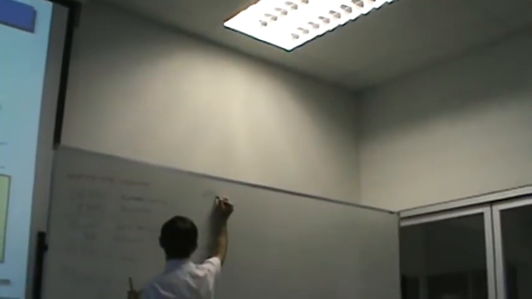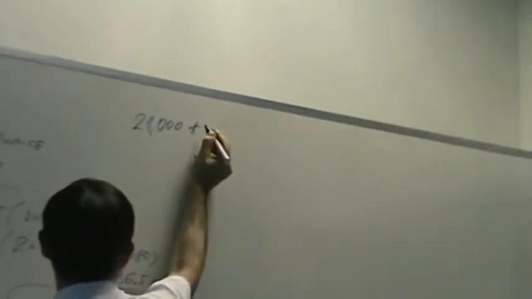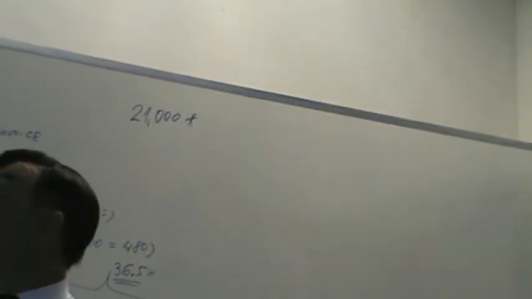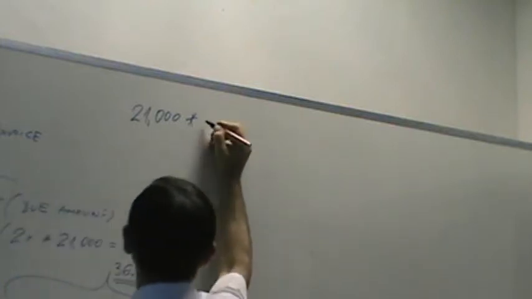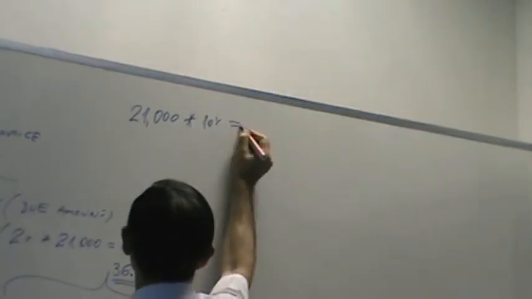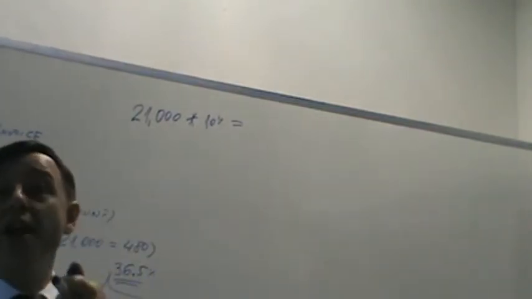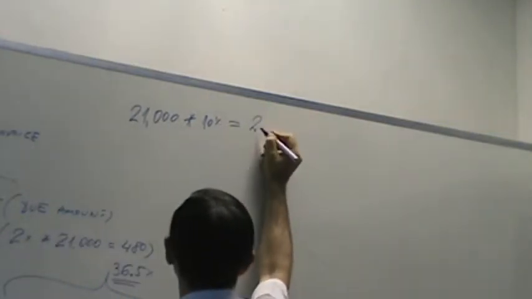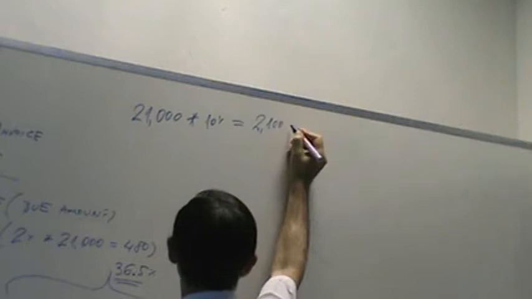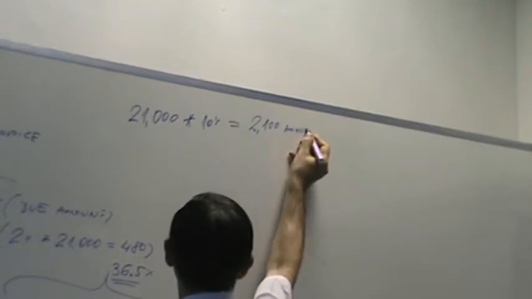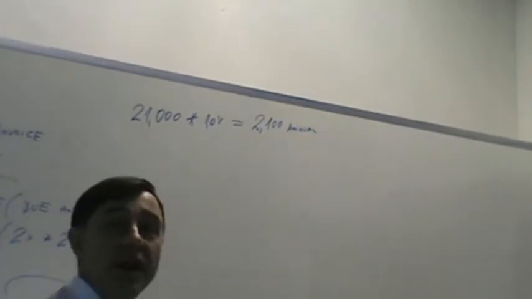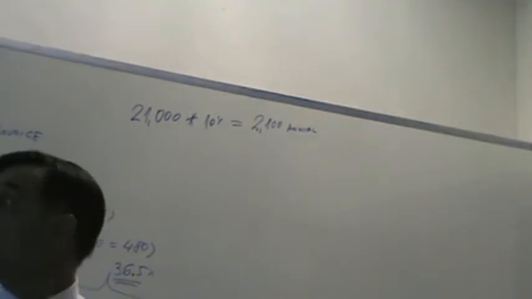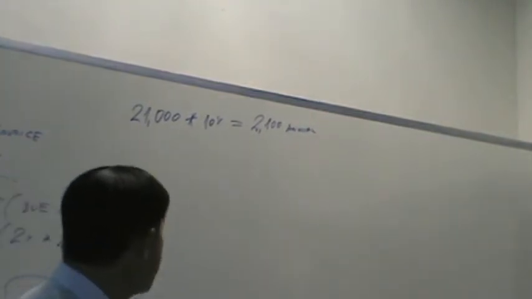If you invest 21,000 and you can get the money and invest it at 10% annual, this means that the annual interest is 2,100 annual, okay? So for 1 year, you make 2,100. Well, how much are you going to make for 20 days?